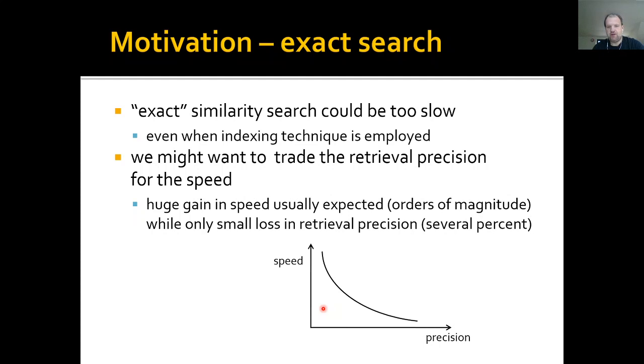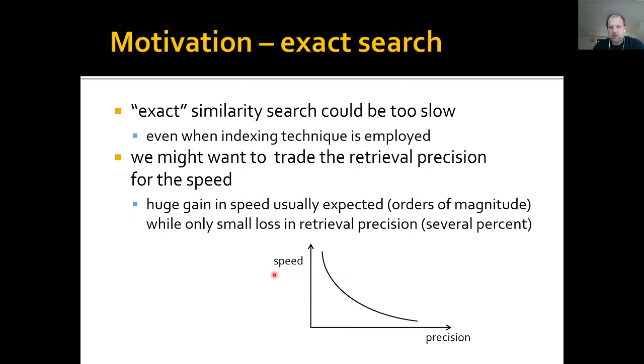This kind of trade-off is for most applications appropriate, and we get more than what we lost. So this is of course the case where it's worth switching to approximate search.